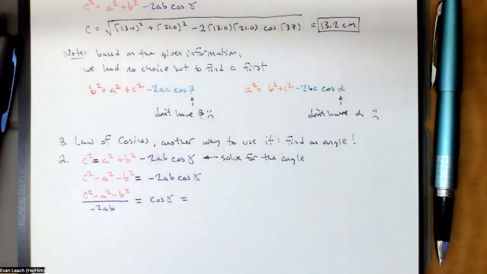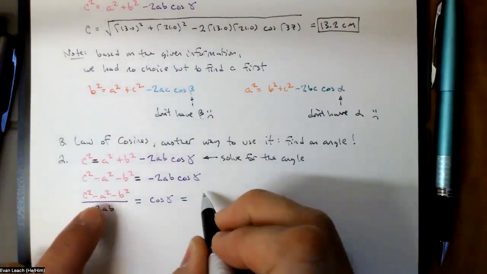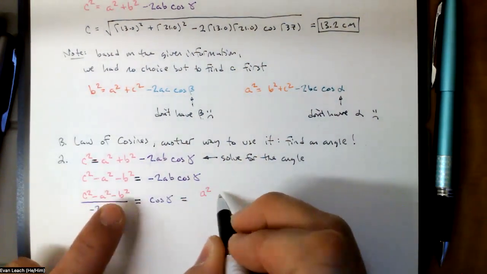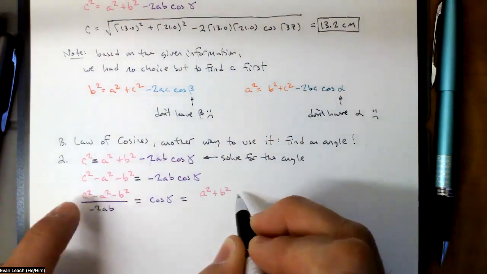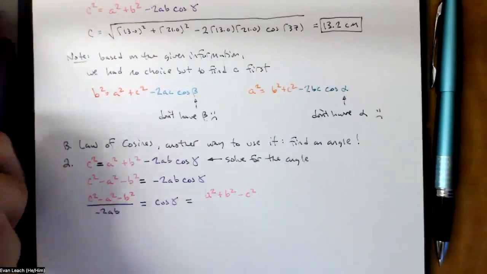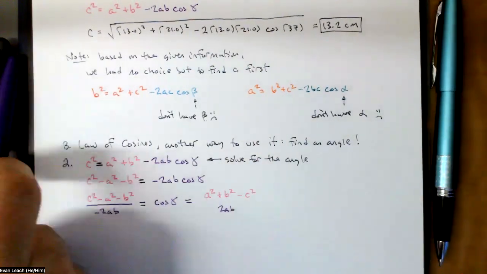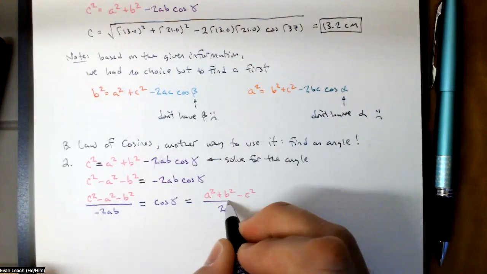So we're just going to drop a -1 bomb. I'm going to change the sign of everything. You change the sign of all the terms on top, change the sign of the terms on the bottom, so you can just change all the signs. So it looks like this. I'm going to have a positive a squared, so I want to write that first. A positive b squared now, and only c squared is negative. And in the denominator, we have a positive 2ab. So overall, we have much more positive stuff.